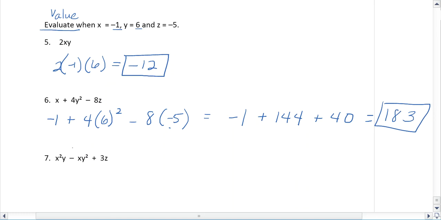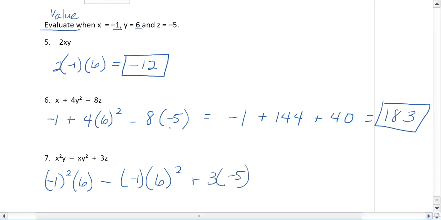All right, now this last one, again, for the x, plug in a -1, square it, times y is 6, minus, be careful to put your -1 in parentheses so you don't lose track of any of these negative signs, plus 3 times -5.